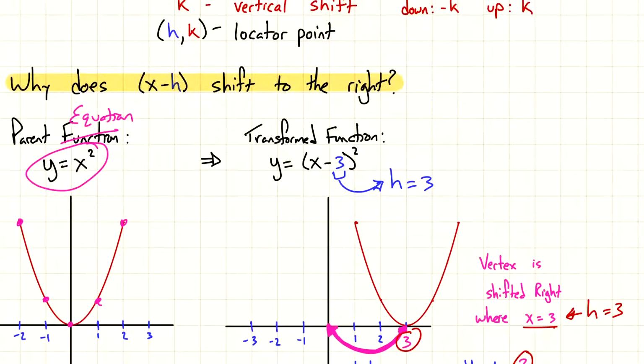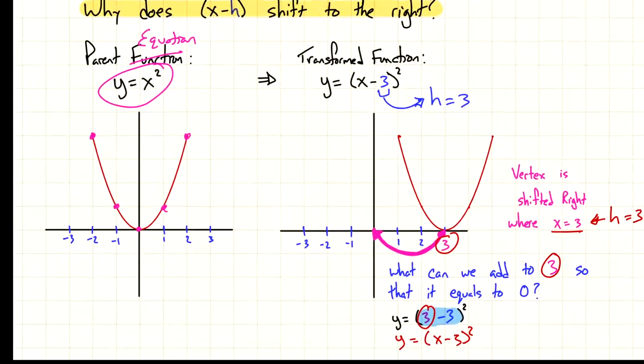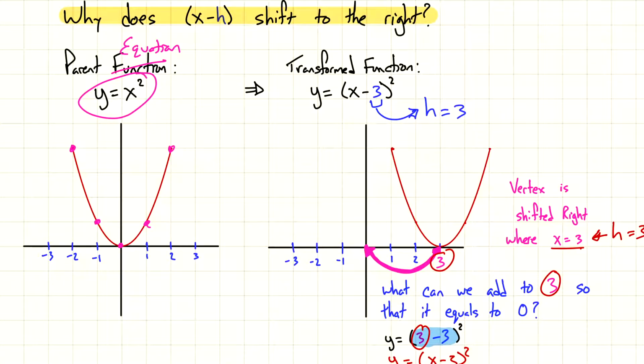And so if I change this equation, let me use a different color. If I change this to y equals x plus, let's say we use a different number, x plus 4 squared, then as soon as I see this, I should know my h value is going to equal negative 4, because it has to be the opposite of what we see.